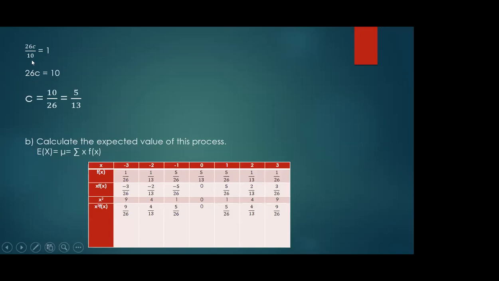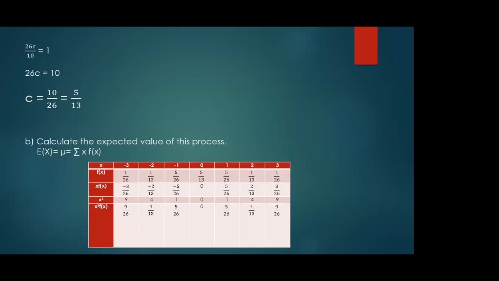Remember, we're solving for C. So we need to divide both sides by 26 and we get C is equal to 10 divided by 26, and you can reduce it, which is equal to 5 divided by 13. So that's the value for C that I got.